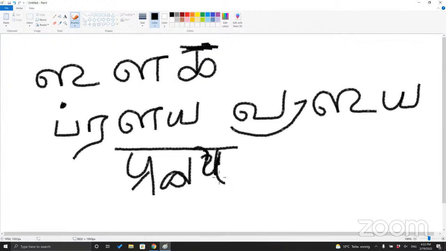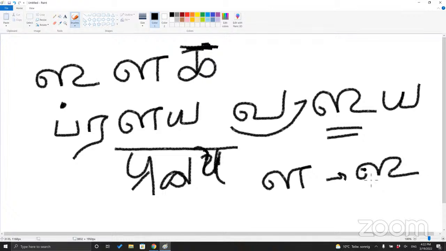So you have this la, right? And it's very similar to Tamil la. So do this something that you get la. And then the following ones are very, very easy.